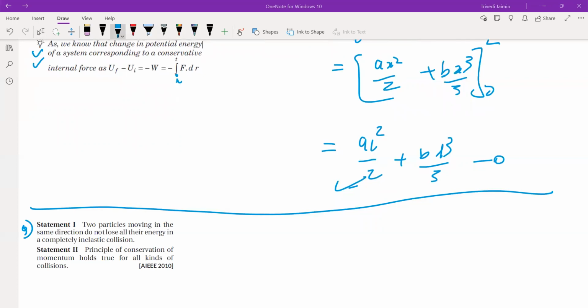A, B, C, D, you know the options, right? A will be: both statements are true and the second statement is the correct explanation. B: both are true, but statement 2 is not the correct explanation. Third: statement 1 is true and statement 2 is false. Fourth: statement 1 is false and statement 2 is true.